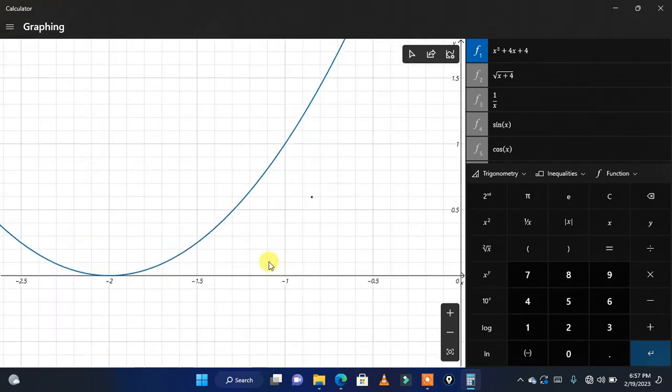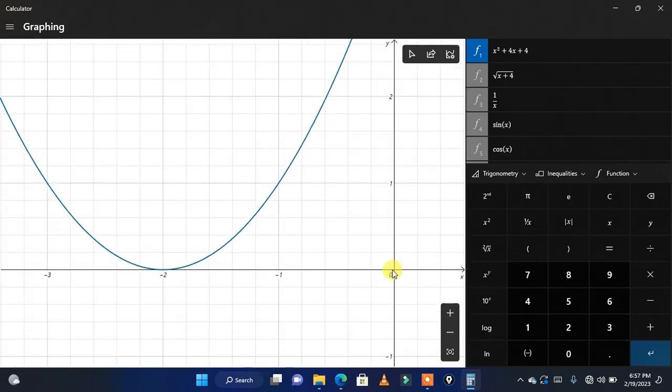Looking at the origin, at this point there's an intercept with the x-axis. So it implies that we are getting the value of y to be 0 here. So the first value of the range is 0.